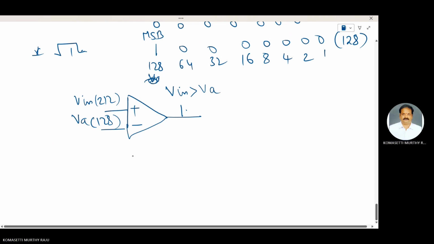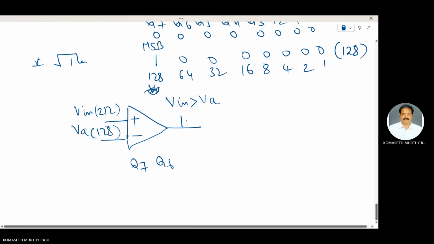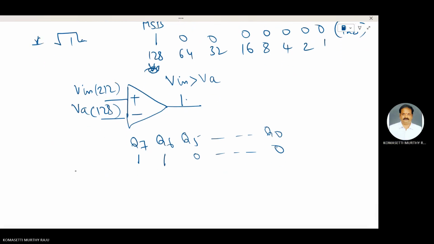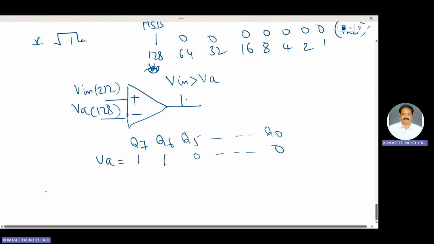The Q7 bit stays as it is, and for the Q6 bit, Vin is greater than VA, so the output of the comparator is 1. Q7 is 1, and the next bit Q6 is also 1. The remaining Q5 to Q0 are all zeros.